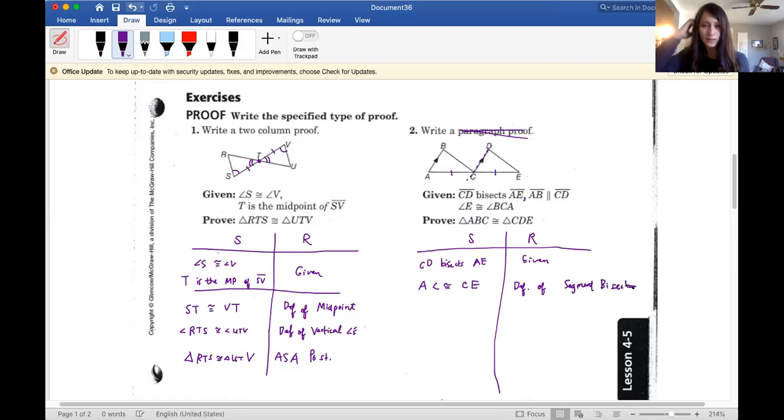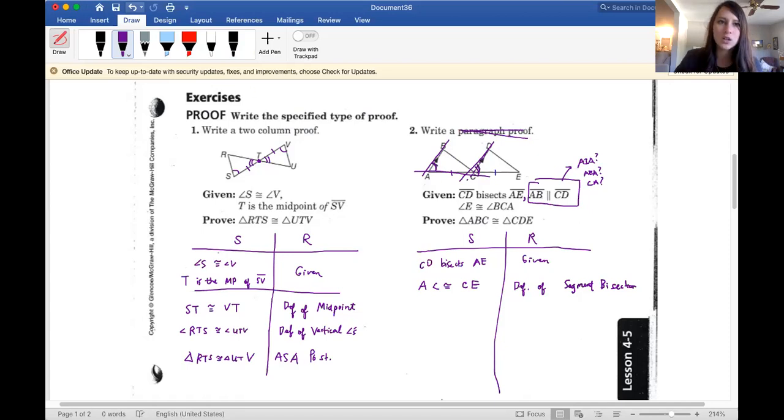All right, now we've got parallel lines. So remember, anytime we have parallel lines, we're probably going to use one of our special angles. So I'm just going to put them on the side as hypothetical solutions or statements. So let's look at this. AB is parallel to DC, which means if I had a bisector cutting through both and creating an angle that's on my triangle, this would be the best one to use to really show that maybe these two sides are the same.